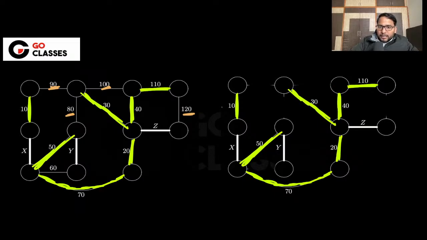What about 80 and 90? Sorry, this is 60 also. 60 is there also. So yeah, 60 is forming a cycle, right? So you will say Y is less than or equal to 60 only. What about Z? You can say Z is less than or equal to 120 because it is forming a cycle with 120.